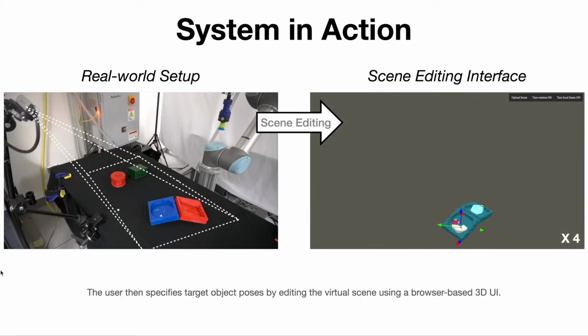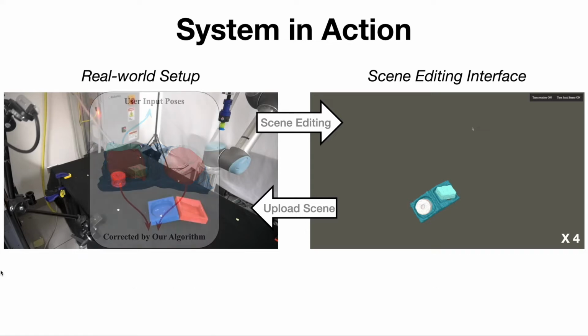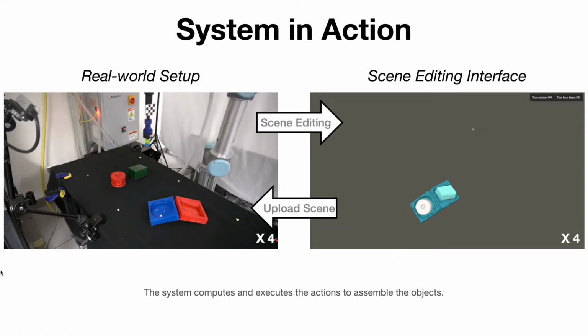The user then specifies target object pose by editing the virtual scene using a browser-based 3D UI. After the user uploads the scene, our action snapping algorithm refines the provided user pose to improve the object kit alignment. Finally, the system computes and executes the actions to assemble the objects.